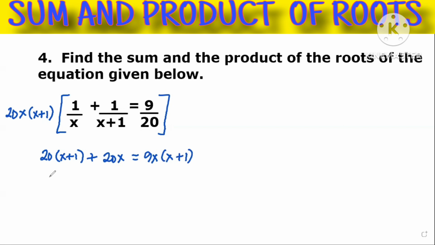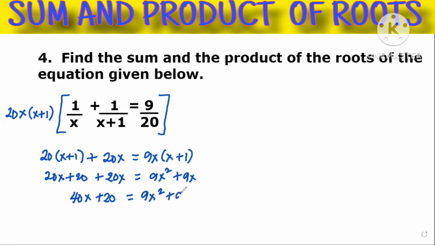So simplifying the equation, applying the distributive property, we have 20x plus 20 plus 20x is equal to 9x squared plus 9x. And then combining like terms, we have 40x plus 20 is equal to 9x squared plus 9x.